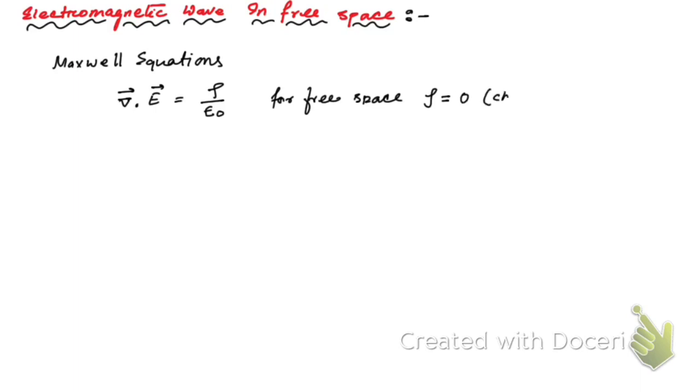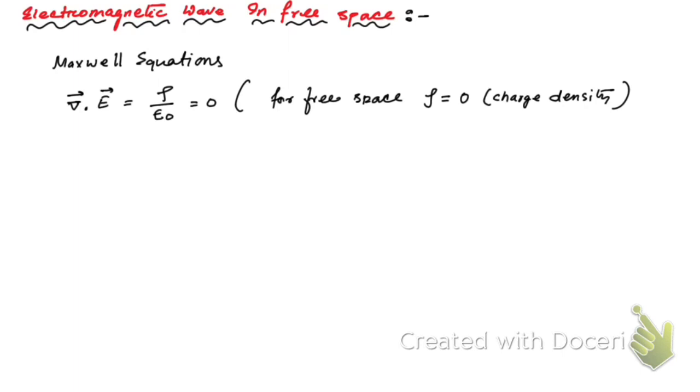This is charge density. So that's why we can write for free space this Maxwell equation is going to be equal to 0, since for free space the charge density is equal to 0.